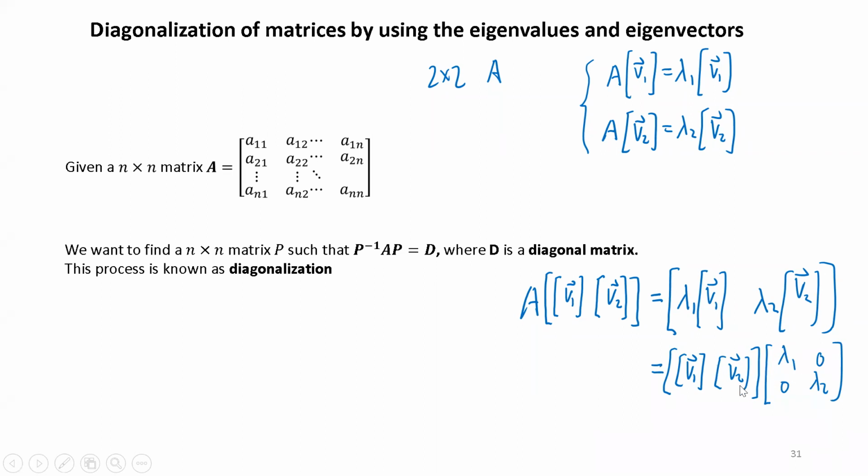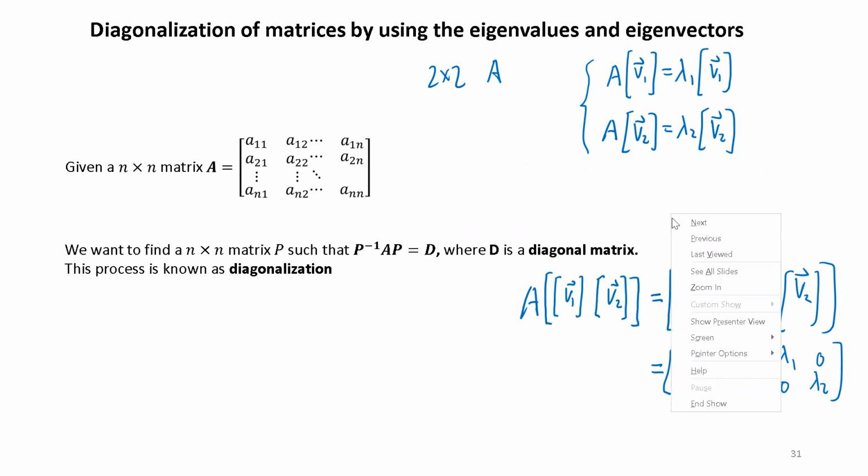Just try to do the multiplication yourself. You see how this one is indeed this one. So now what do we have? I have A multiplied by this matrix equals the same matrix multiplied by this diagonal matrix. You see that the second matrix here is a diagonal matrix.